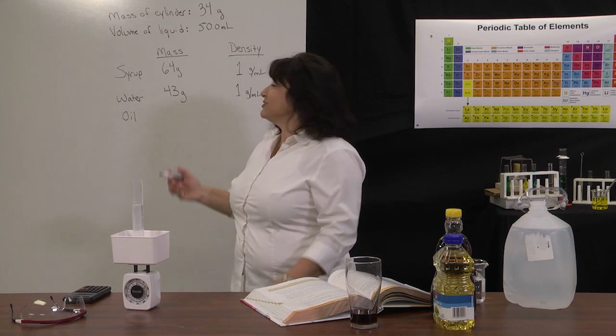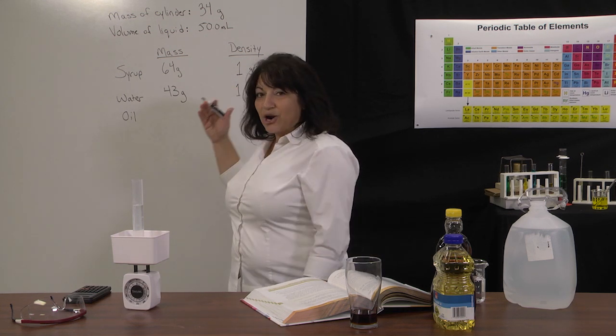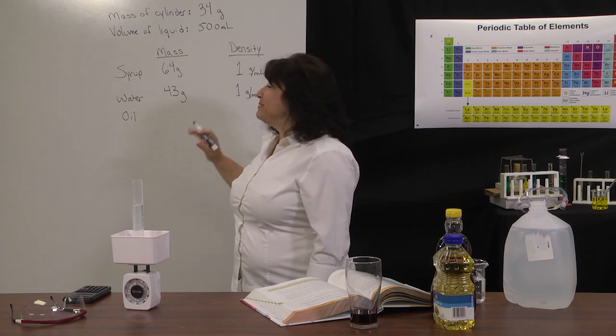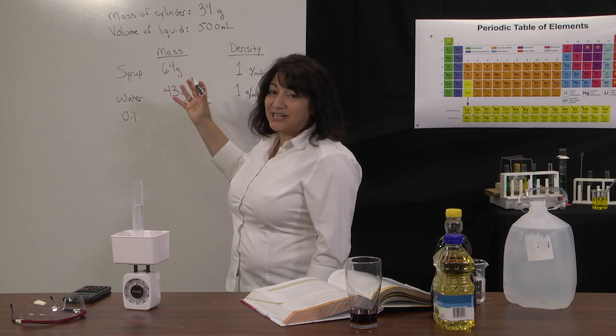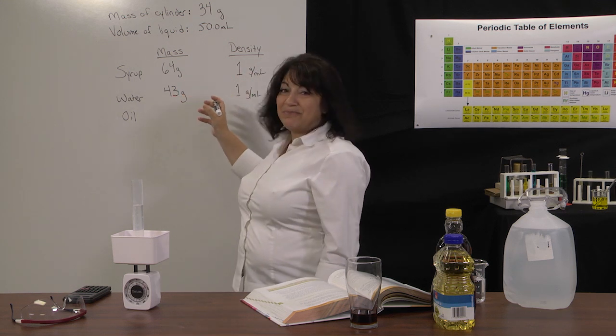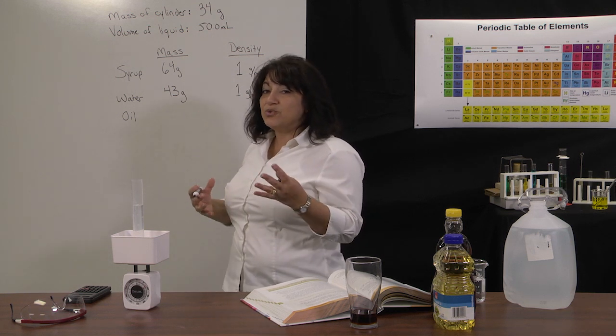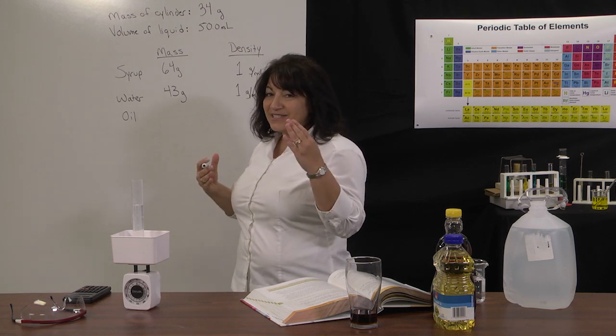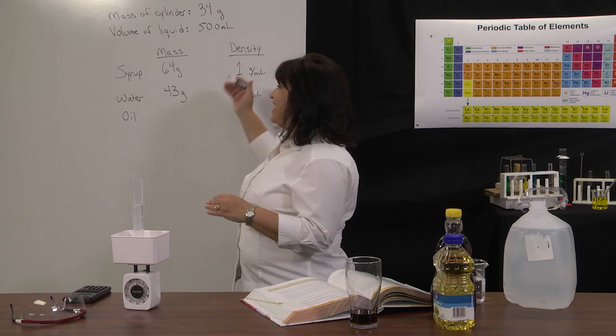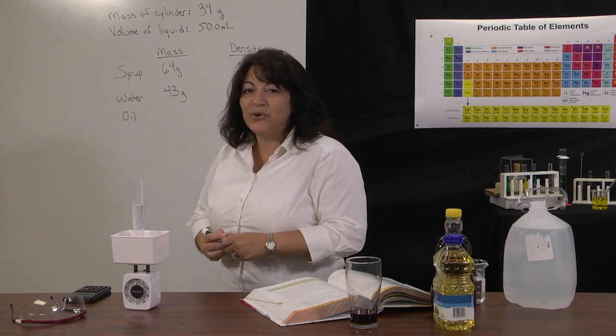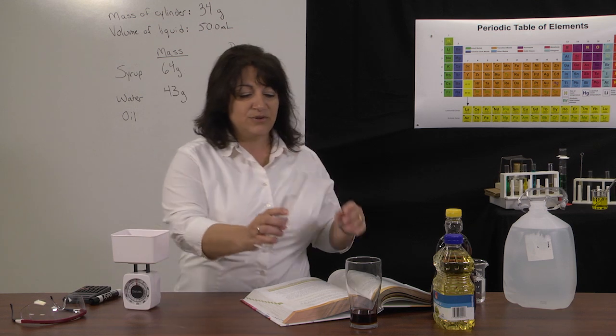Now that's not accurate because our syrup was over 1 and our water is under 1. And so because of our rounding that we have to do because of significant figures, they show up the same, but remember that our actual calculated amount of water was less than 1, so less density than the syrup. So let's see what happens when I pour the water into the glass.